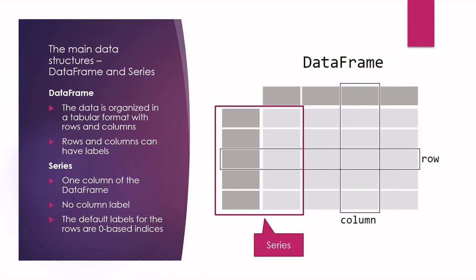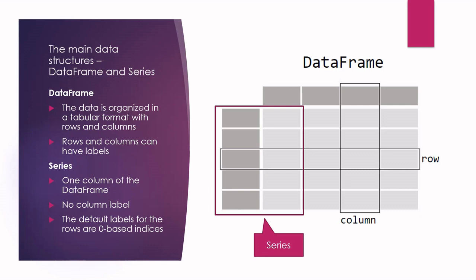Now, just one column with the labels of each row is what we call the series. Okay. So when you try to access the first column, the series itself doesn't have a label for the column. Okay, it has labels for each item, which is pretty much the row.